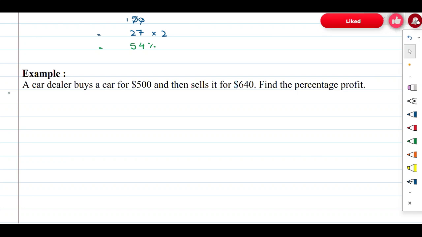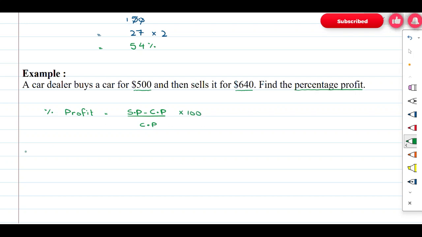Let's practice another example. A car dealer buys a car for $500 and then sells it for $640. Find the percentage profit. For percentage profit, just write down the formula. That is the sale price minus the cost price divided by the cost price multiplied by 100.